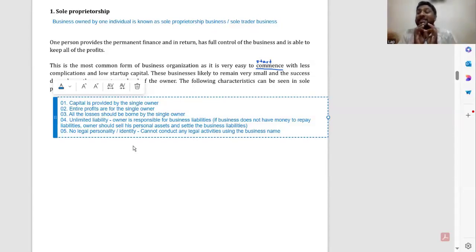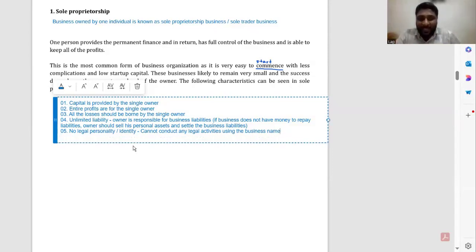But you can't register the business itself. Do remember that, because it's not a separate person to register. So that's why I gave you, you can't do anything using the business name, because it's your name, simple as that.